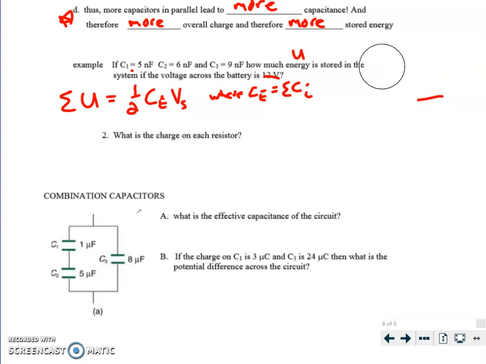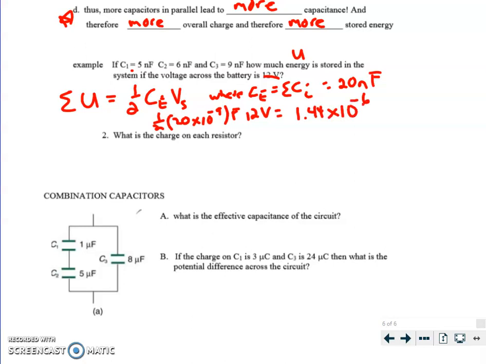So if I put in the numbers 5, 6, and 9, I'm going to get 20 nanofarads. And when I plug into the equation, I just have to take care of that nano. So that's going to be 20 times 10 to the negative 9th farads times 12 volts, and we get 1.44 times 10 to the negative 6 joules.